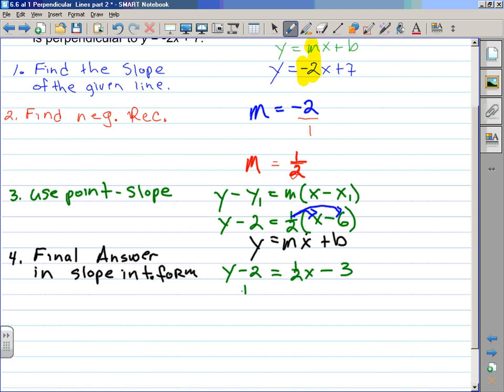Now all I have to do is add 2 to both sides. I mistakenly put my minus 2 in there. The minus 2s go away, leaving us y on the left of the equal sign, and on the right of the equal sign, 1/2 x minus 1, because negative 3 plus 2 is negative 1.